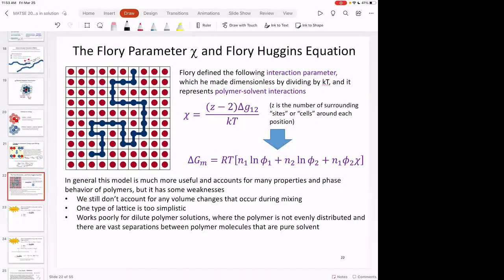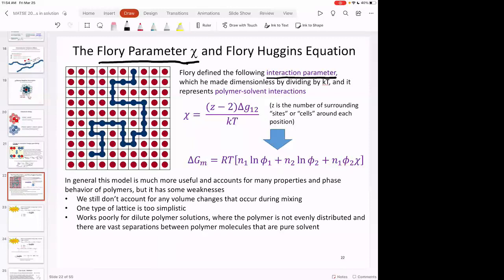So this can get complicated when we start to talk about real systems. And so what Flory and Huggins did is they constructed this thing called the Flory parameter, or this is often called the interaction parameter. And so it describes the interaction between a polymer and a polymer, or a polymer and a solvent. And it's all lumped together.